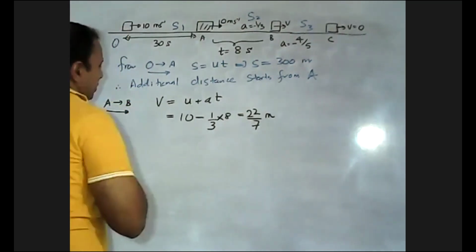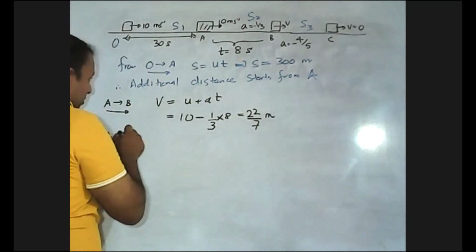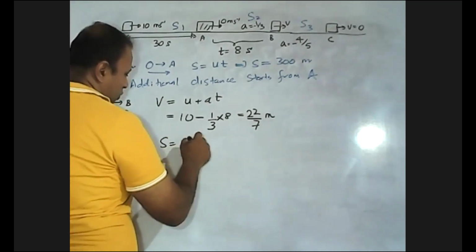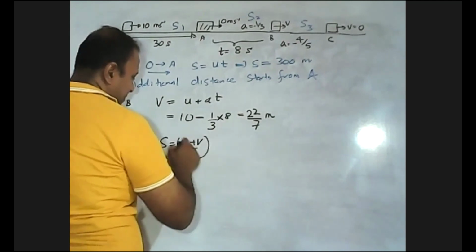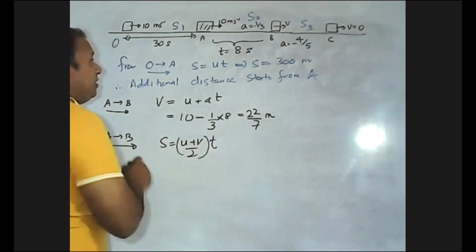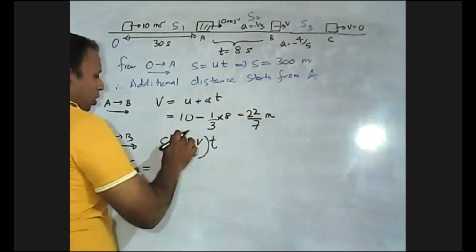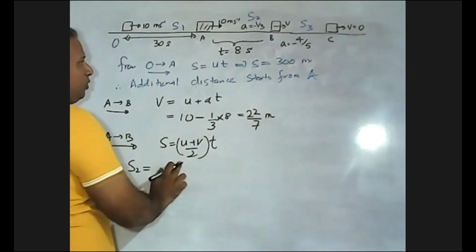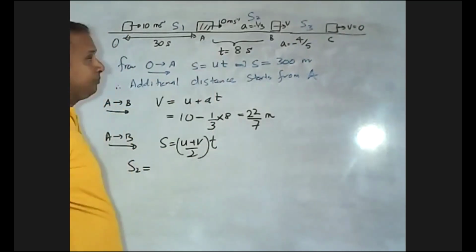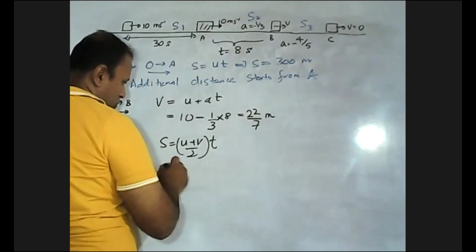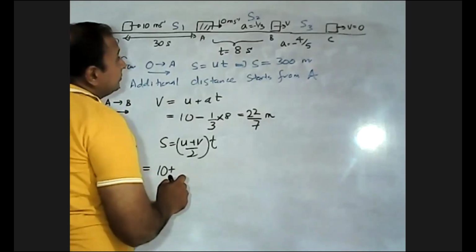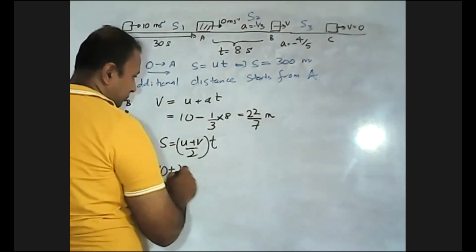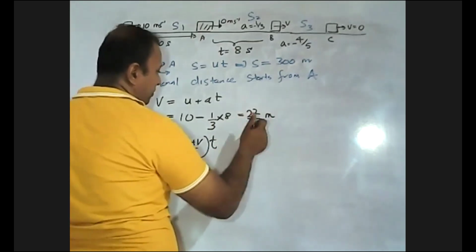So from A to B in this direction, s equals u plus v over 2 times t. If I apply this, S2 equals u plus v. U means 10, v means this one, over 2 times t means this one. Sorry, not 7, it's 3, no?